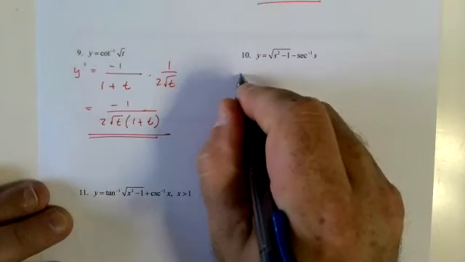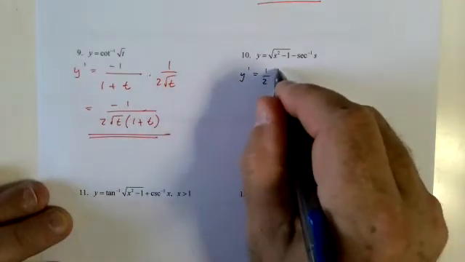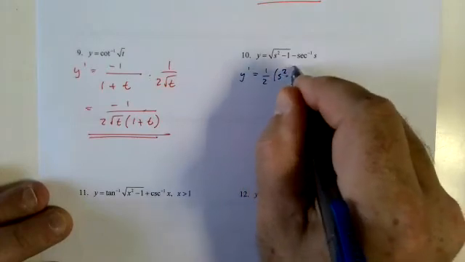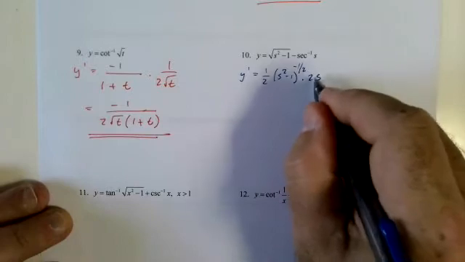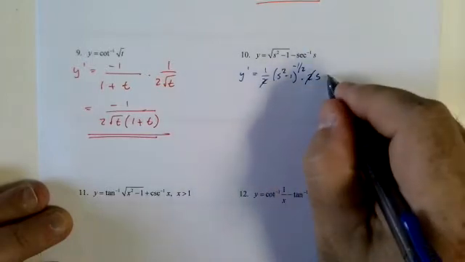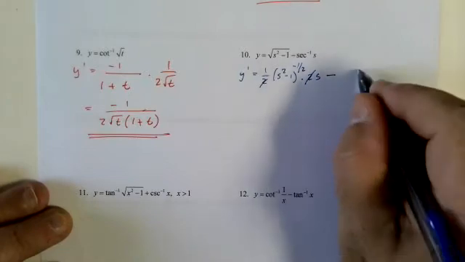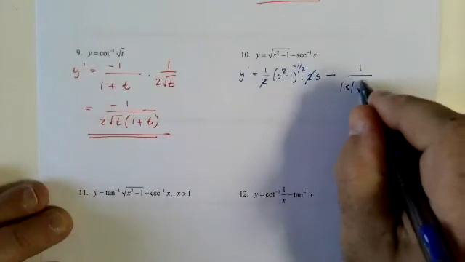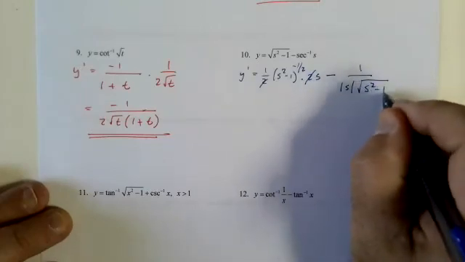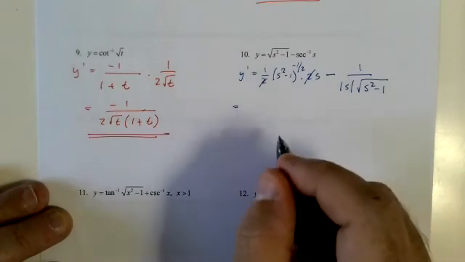And y prime equals the derivative, 1/2 s squared minus 1 to the negative 1/2 times 2s, minus 1 over absolute value of s, square root of s squared minus 1, equals.